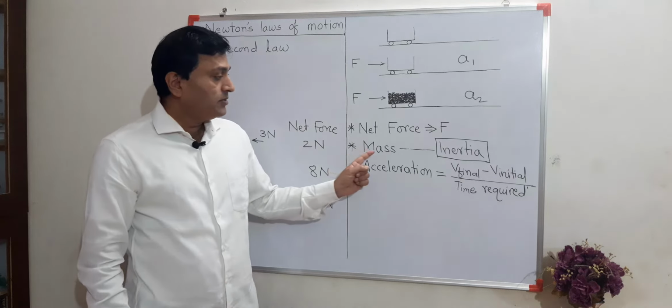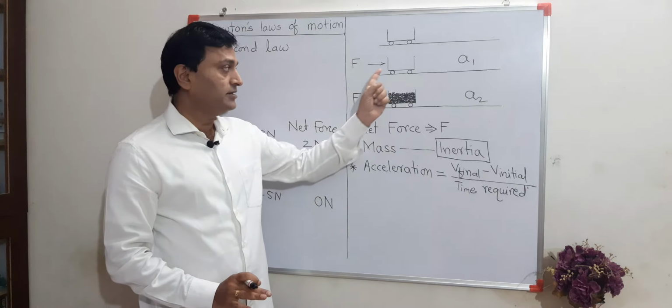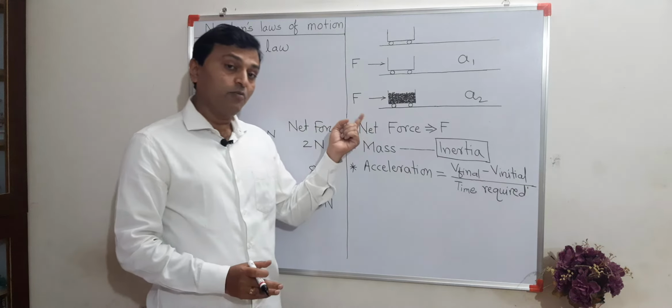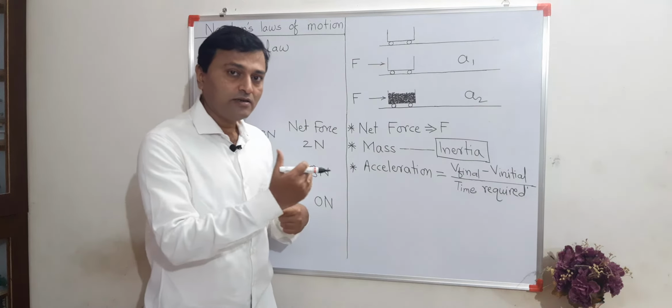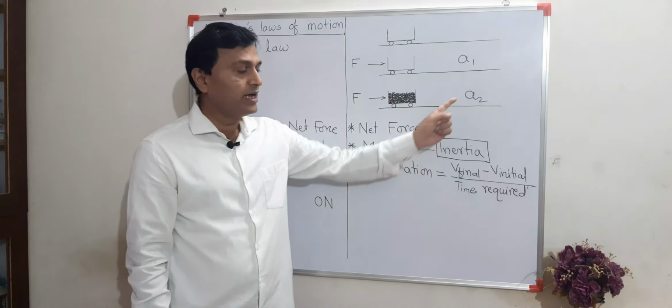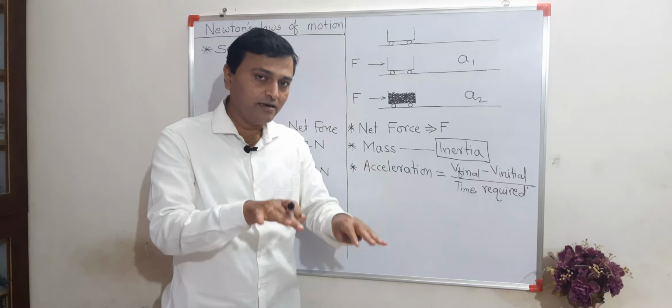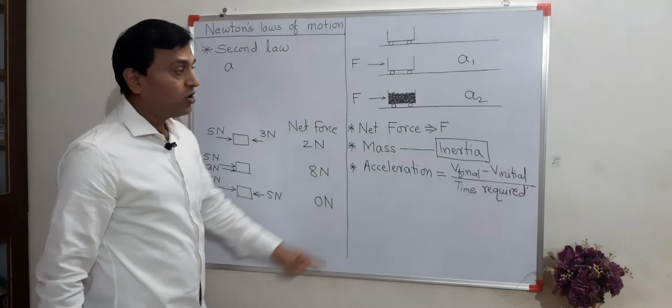Okay. Means we are going to measure mass. This mass is more than this one. That's why it opposes more. As it opposes more, its velocity is increasing slightly less than this one. Means we get acceleration 2 slightly less. You can write that acceleration depends on mass.